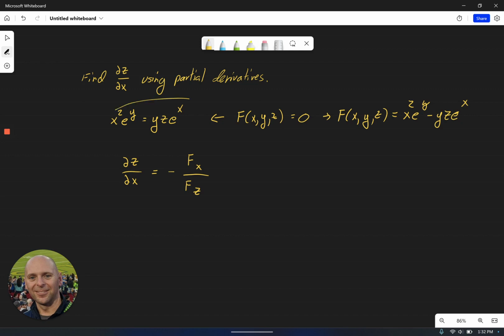Again, just setting this equal to 0 and then calling that result our function. So now it's just a matter of taking these partials. We'll take its partial with respect to x, divide it by the partial with respect to z, and then of course we hit that with an opposite.